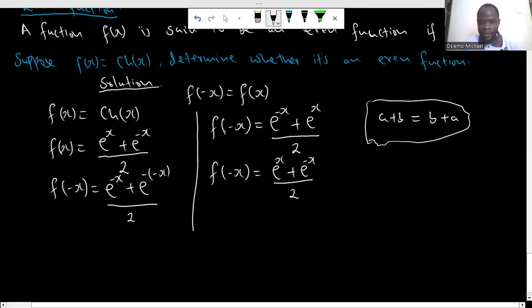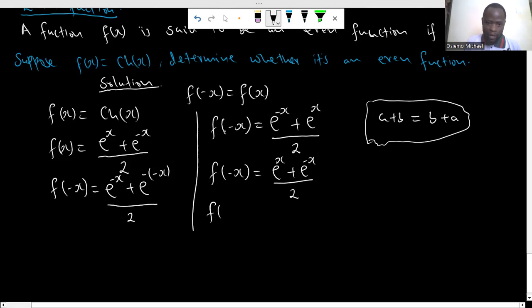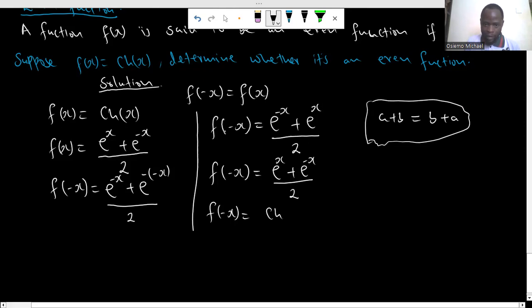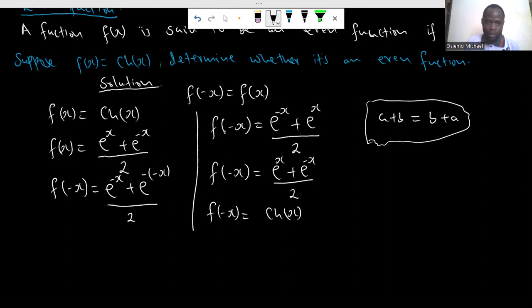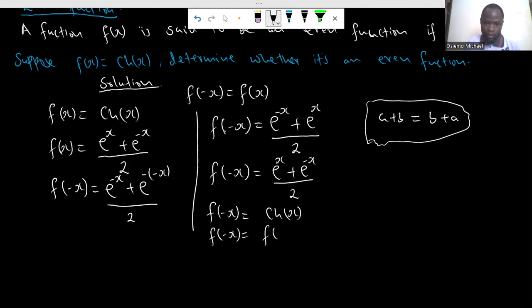The reason we're interchanging is so that it can look similar to the definitions of the hyperbolic functions that you already have. Looking at your right-hand side, the function is similar to the cosine hyperbolic. And so you can say f at negative x is equal to cosine hyperbolic of x, which from the question we have defined as our f of x. So f at negative x is equal to f of x.